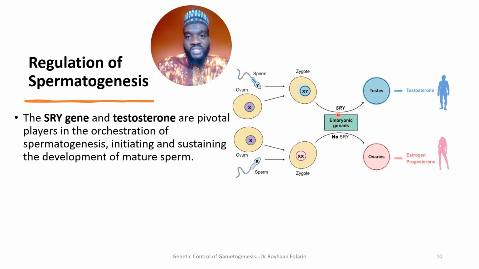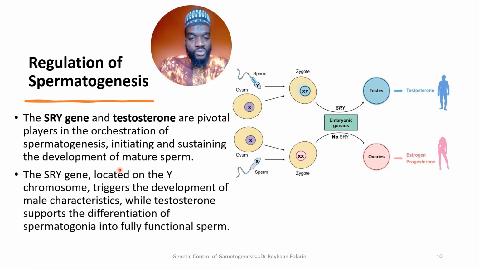So there you have the SRY, and while leading to the formation of male gonads, it suppresses the formation of female gonads. So together with hormones like testosterone, the SRY gene is very pivotal and plays a key role in the orchestration of spermatogenesis, thus initiating and sustaining the development of a mature sperm.